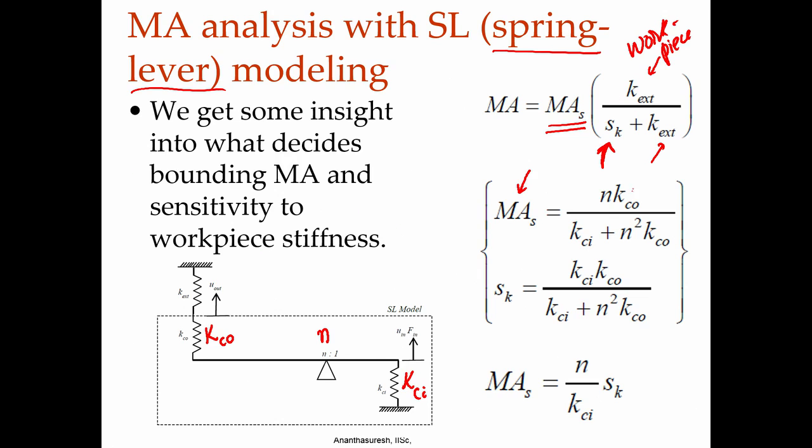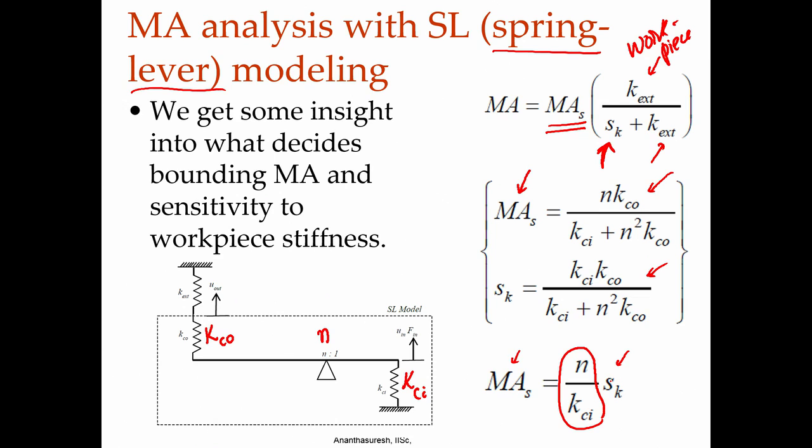So, what influences it? We have the formula here: n, Kco, Kci, all 3 parameters influence. How they influence is also here, and what influences Sk is also here, and the relation between MEIS and Sk is also here. So, our aim is to make MEIS, rather the bounding mechanical advantage, as large as possible. At the same time we want to make the sensitivity as low as possible, and between them there is a relationship between MEIS and Sk.